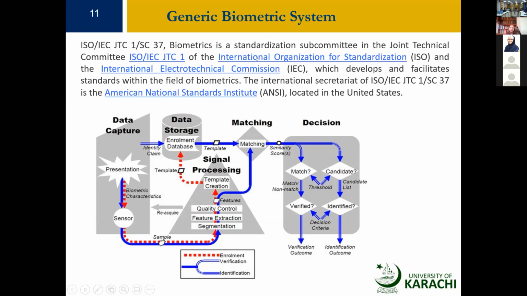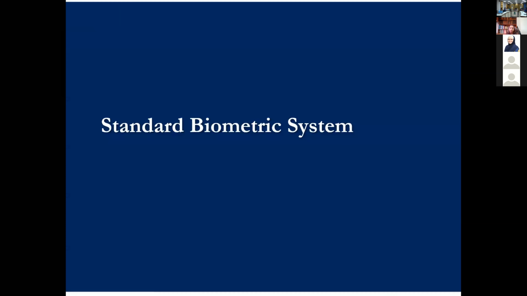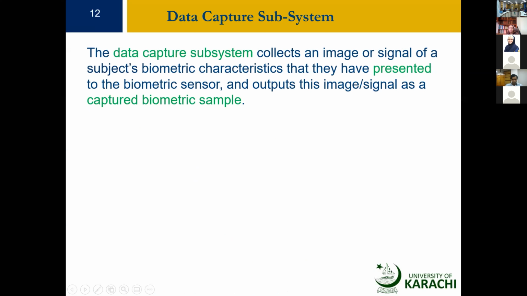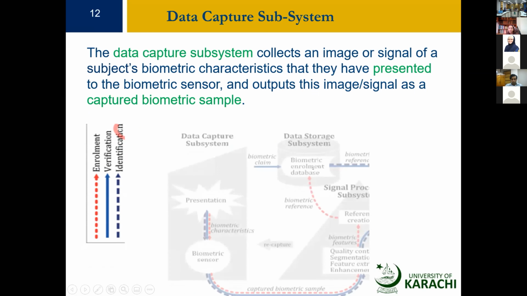The ISO standards work in collaboration with the International Electrotechnical Commission, and Pakistan takes these standards and tries to implement them in our country as well with organizations. We can see that there are three main processes: enrollment, verification, and identification, and enrollment is the most tedious among them.